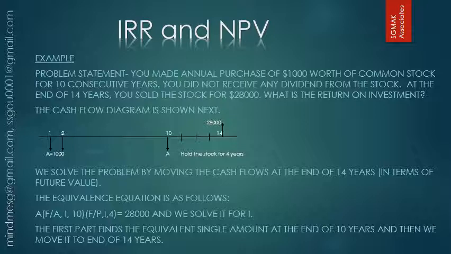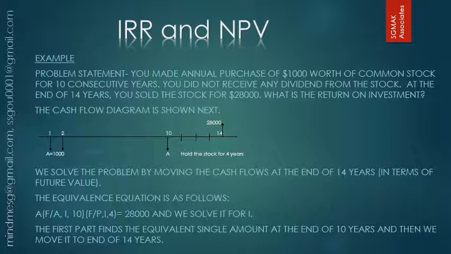So you're solving this problem by moving the cash flow to the end of 14 years, in terms of future value, and you set up the equivalence equation. All the purchases you made, the future value of that is given by A times F over A, i, 10, multiplied by F over P, i, 4.